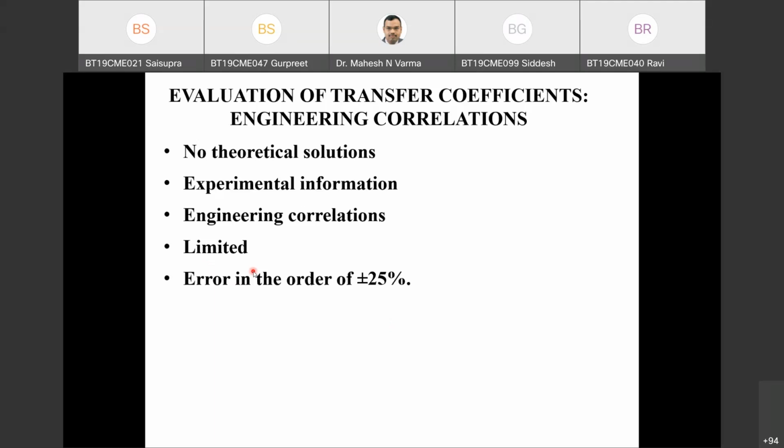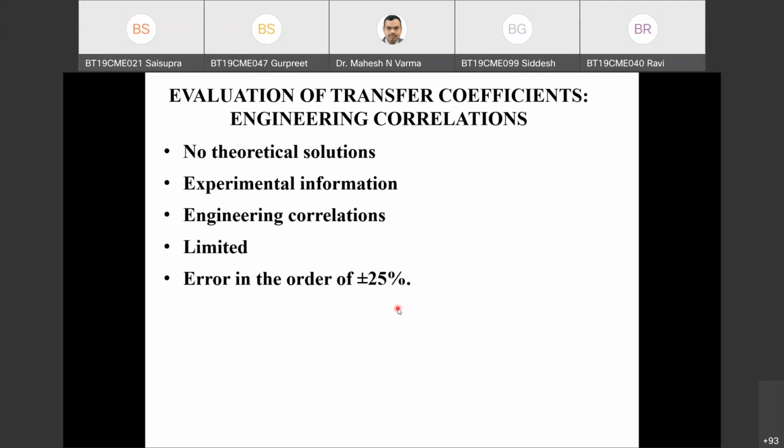If the range is very small, you can have a very accurate value. If the range of your experiment is very wide, say I am discussing something for Reynolds number 0 to 10,000, then if I am using it for 10,000, I can use it for 1,000 also, I can use it for 0 also. So error will be higher.